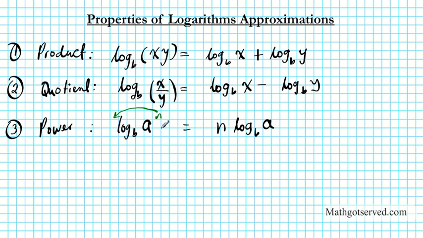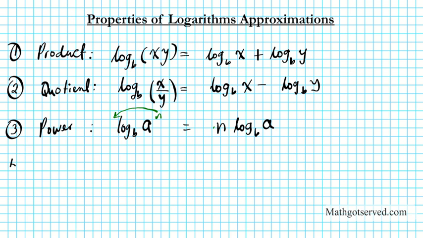It's a consequence of repeated addition. If you have a to the n, you have a times a, n times, which translates into log a plus log a using the product formula, n times. Multiplication is repeated addition, so adding log base b of a n times is the same as n times log base b of a.